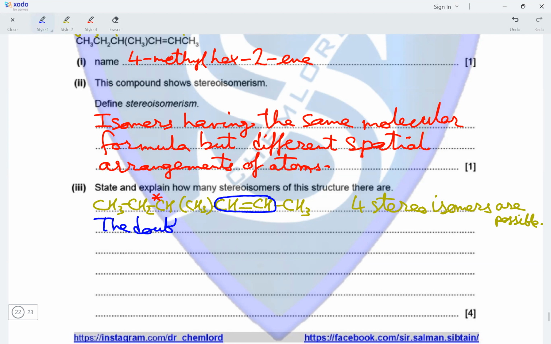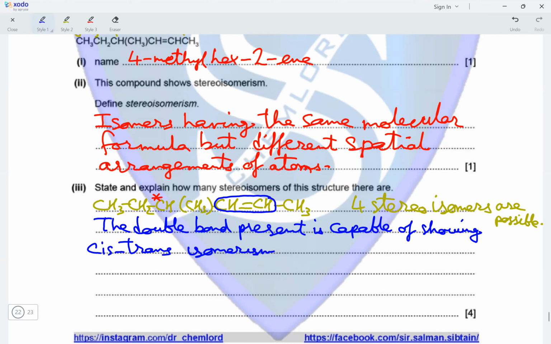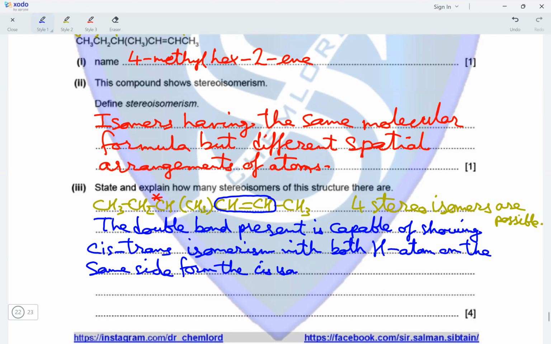The double bond present is capable of showing cis trans isomerism, with both hydrogen atoms on the same side forming the cis isomer and on opposite sides forming the trans isomer.